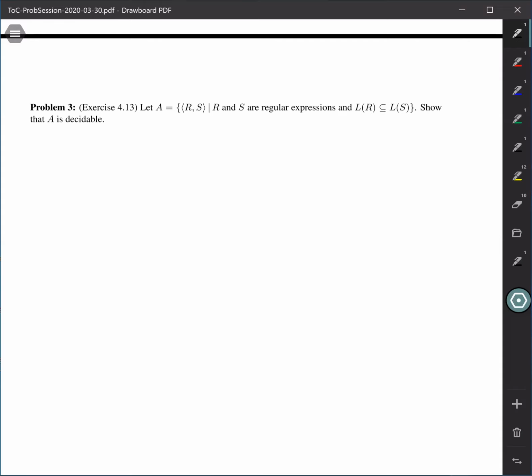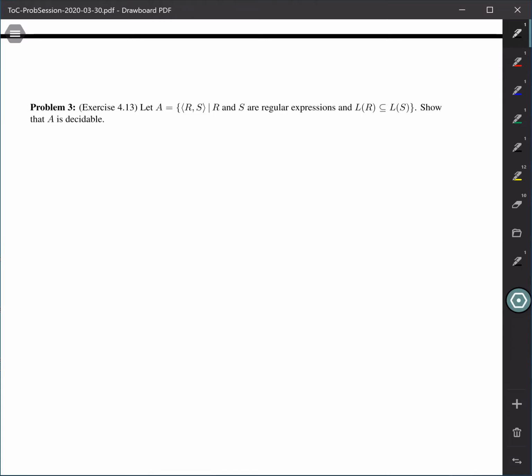I will say that most of the algorithms that we have for regular languages deal with DFAs. They don't deal with NFAs, they don't deal with regular expressions, but we can always convert a regular expression to an NFA and then an NFA to a DFA.